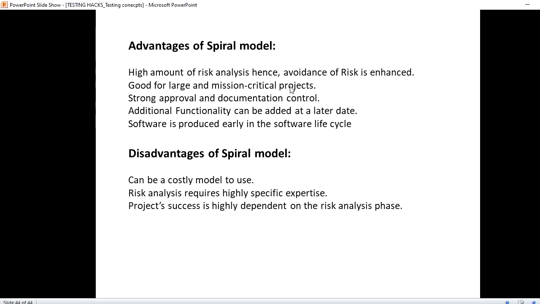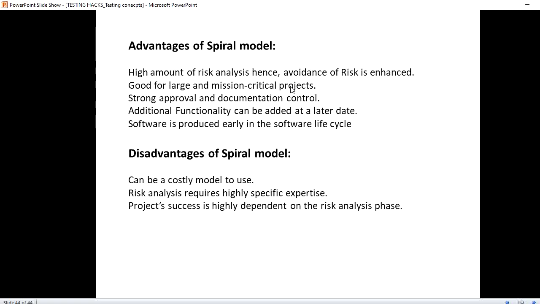Since the risk analysis is done here, we can avoid risks coming in the future. It is good for large and mission critical projects. It has strong approval and documentation control. Since everything is monitored by the customer, that is a good thing.